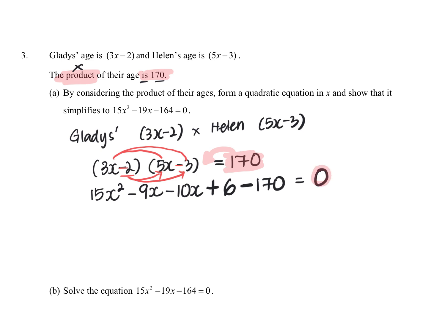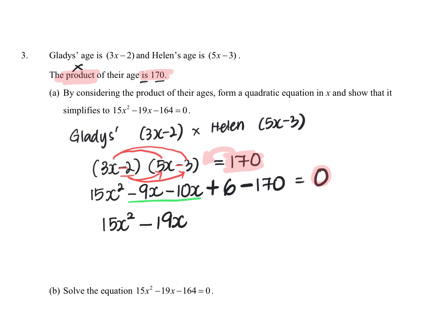Ding ding. Okay, so with that, we can try to solve our equation. Let's simplify. I get 15x squared. What are the x terms? Minus 9 minus 10. Please use the calculator. Minus 9 minus 10 is actually negative 19x.